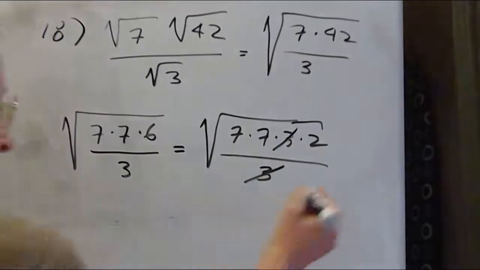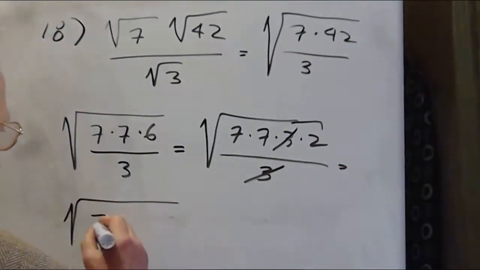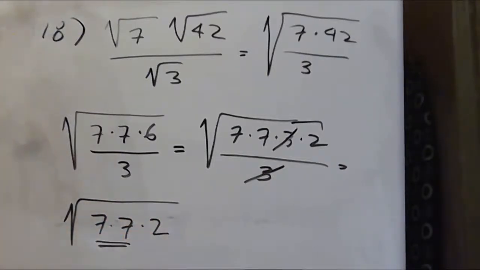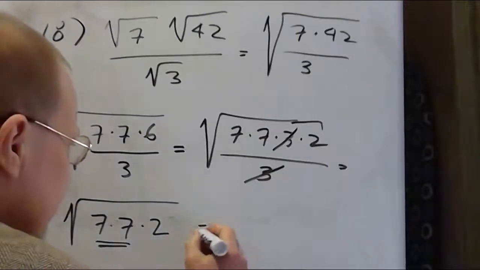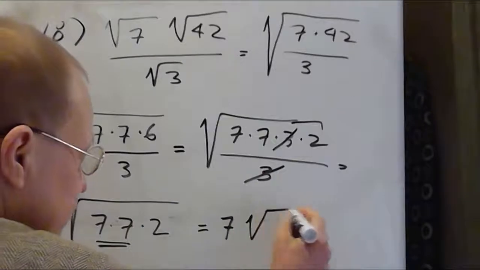The 3's cancel out, so now we have 7 times 7 times 2, and there we have our perfect square. So there we can just have 7 square root of 2.